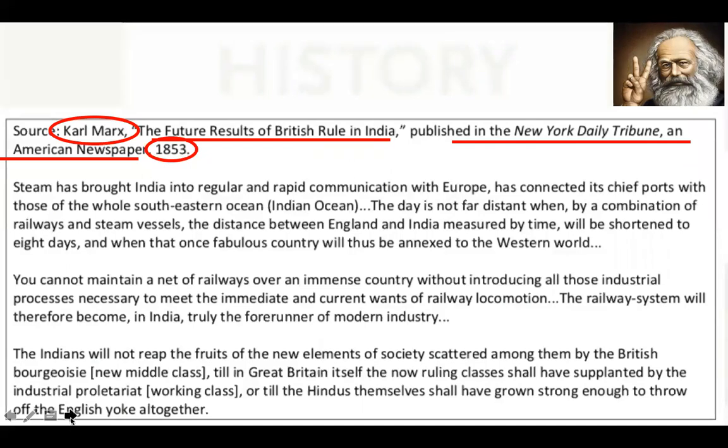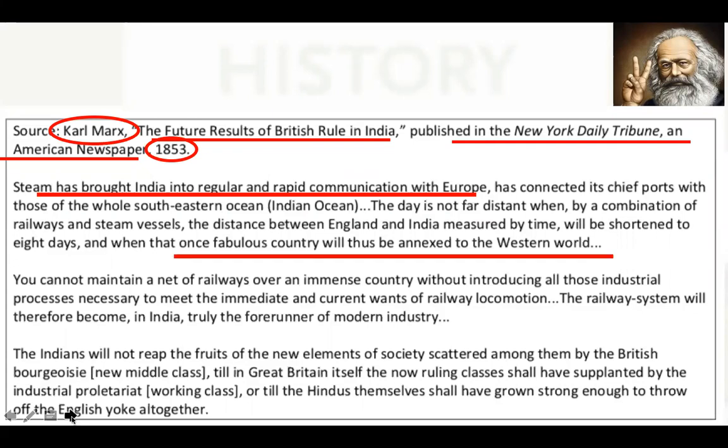All right, so he writes, steam has brought India into regular and rapid communication with Europe, has connected its chief ports with those of the whole Southeastern Ocean. The day is not far distant when, by a combination of railways and steam vessels, the distance between England and India measured by time will be shortened to 8 days, and when that once fabulous country will thus be annexed to the Western world. You cannot maintain a net of railways over an immense country without introducing all those industrial processes necessary to meet the immediate and current wants of railway locomotion.